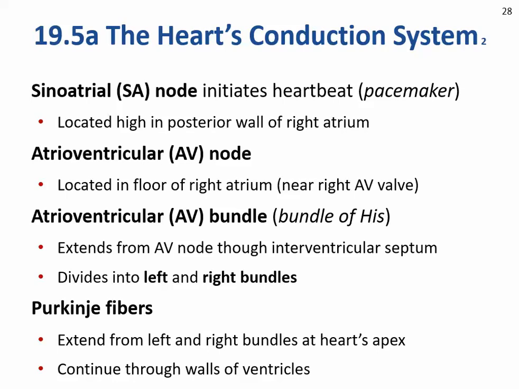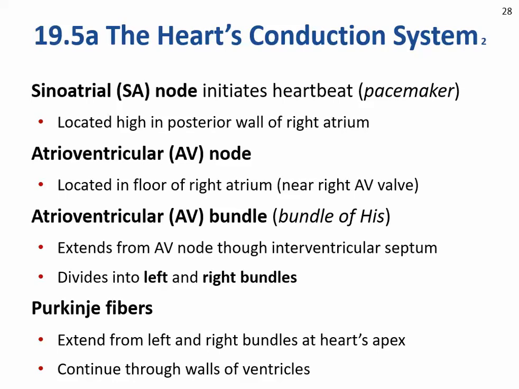And then the action potentials continue from the AV node down into the interventricular septum through a group of cells that are called the AV bundle, or sometimes called the bundle of His.